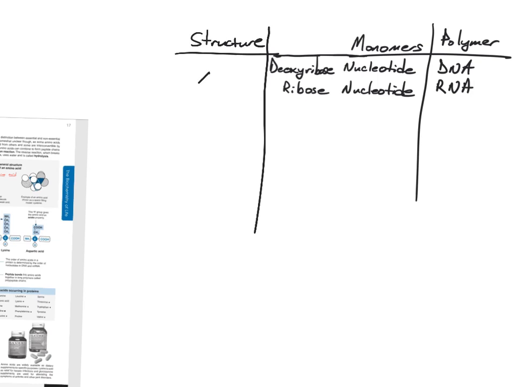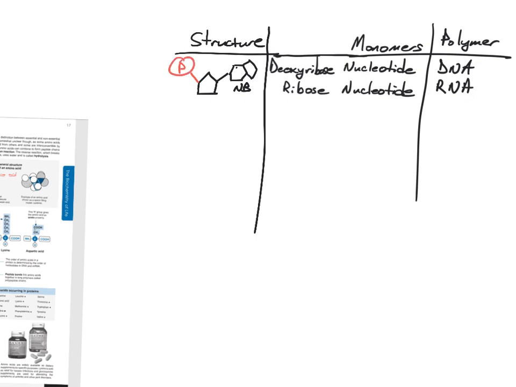Yeah. Perfect. Just draw a pentose, a pentagon, that's fine. Nitrogenous base, perfect. Let's put some kind of weird ring structure. Let's put a double ring. Nitrogenous base. And a phosphate. Perfect.